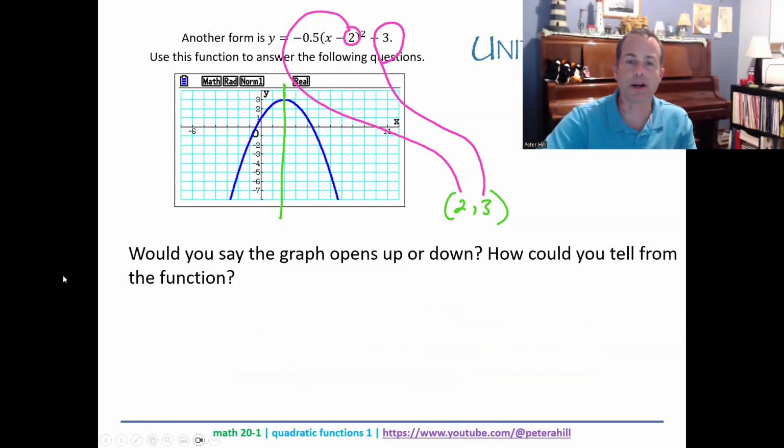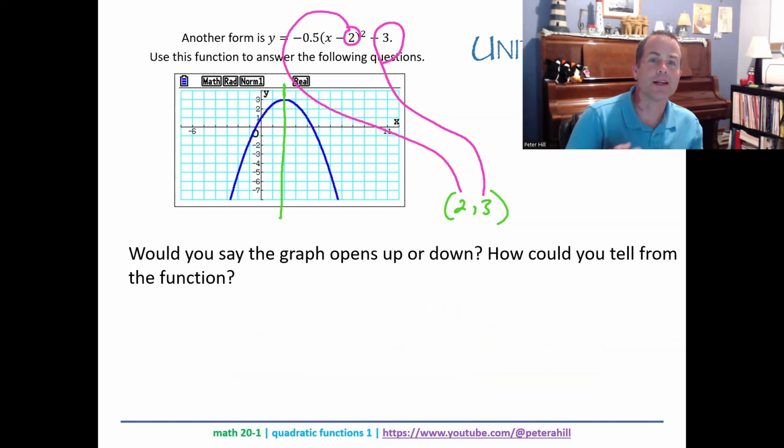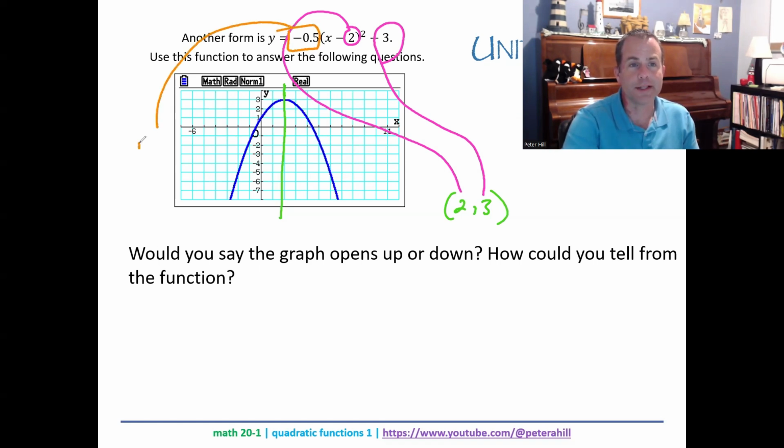All right, would you say this graph opens up or down? It opens down. Now, the next part of this says, how could you tell? Well, I don't know if you've been looking for patterns or anything, but the difference here is this front number. If that front number is negative, the graph will open down.